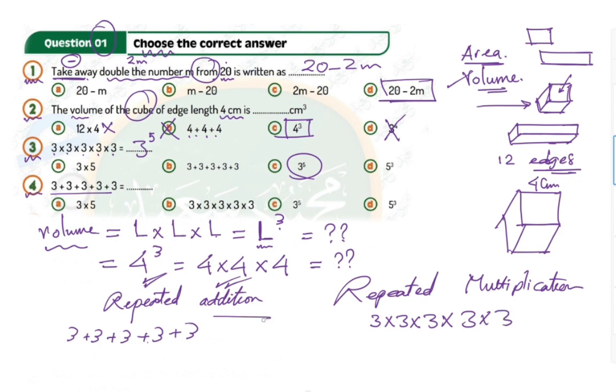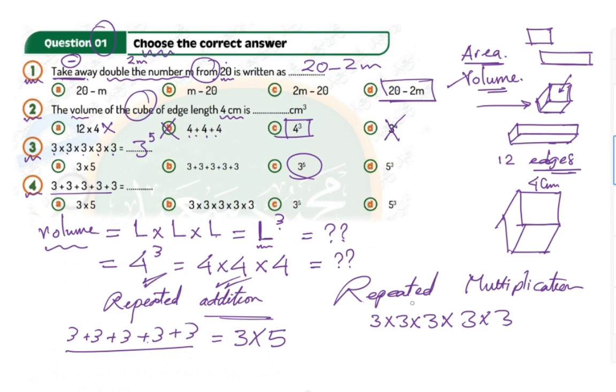Repeated addition equals 3 by 5, just the repeated number times the number of them.